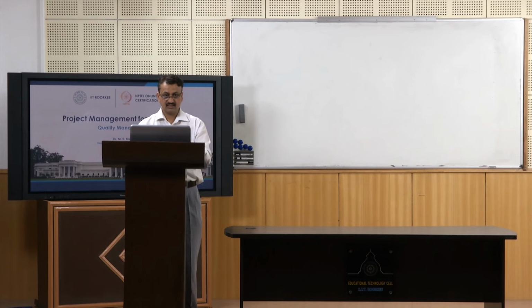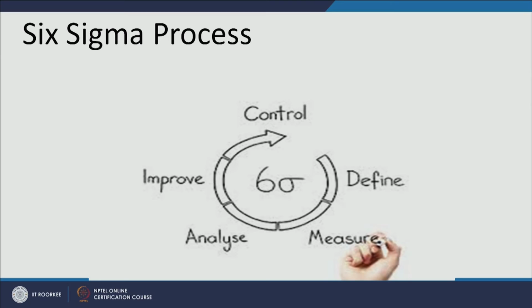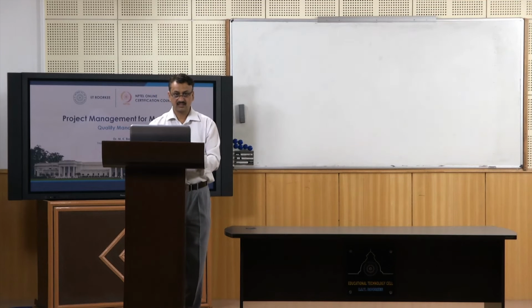If there is any difference or variation, then we act, trying to minimize the deviation between what we planned and what we did. So, Deming's PDCA cycle. Now, the 6 sigma approach, DMAIC, is a refinement of this cycle. This is the 6 sigma process, and the approach is define, measure, analyze, improve and control. So, what to define, what to measure? Let us look at this 6 sigma process.